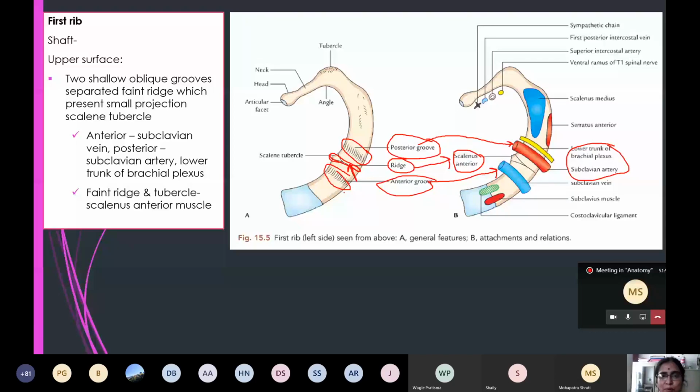The posterior groove lodges the subclavian artery and the lower trunk of the brachial plexus. The ridge and tubercle between these grooves give attachment to the muscle known as scalenus anterior. Clear?